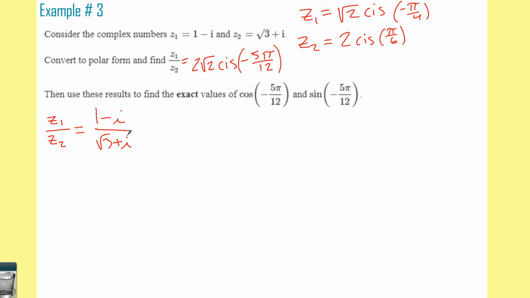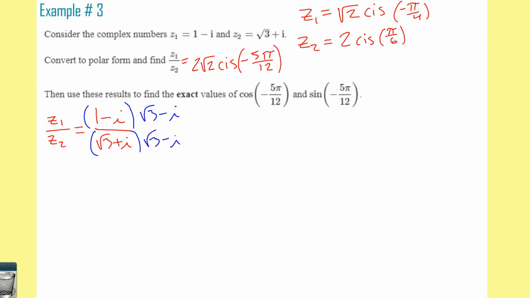So then we do some converting. We multiply by the square root of 3 minus i, over the square root of 3 minus i.